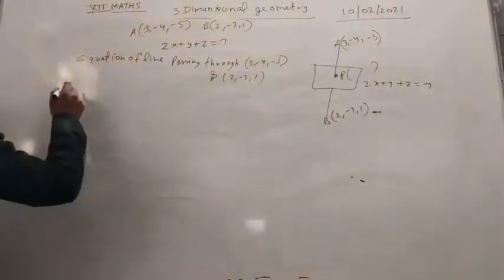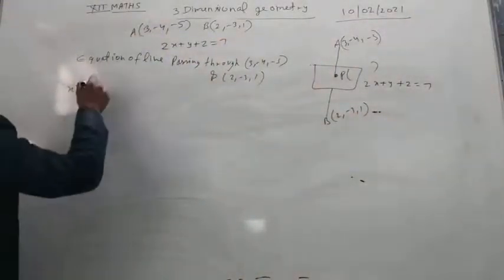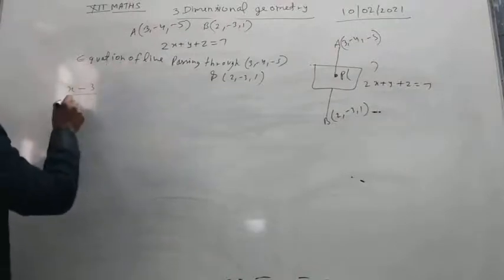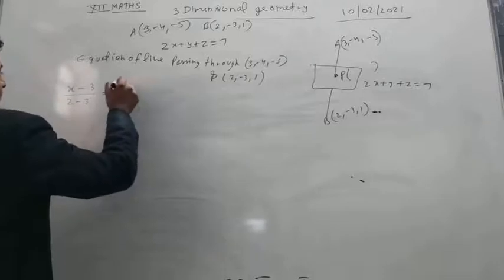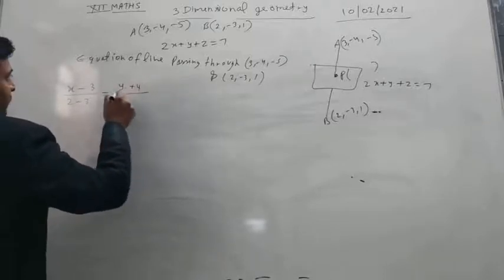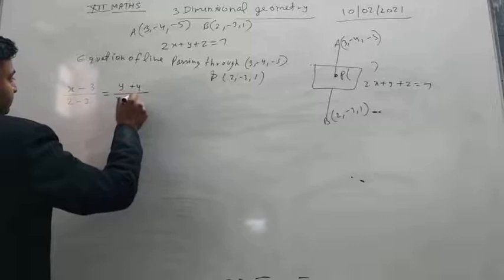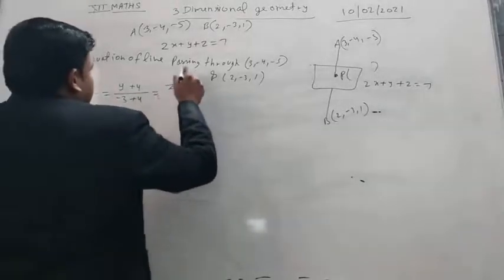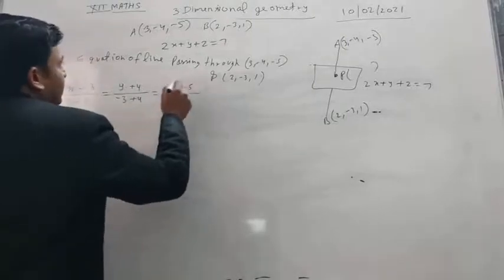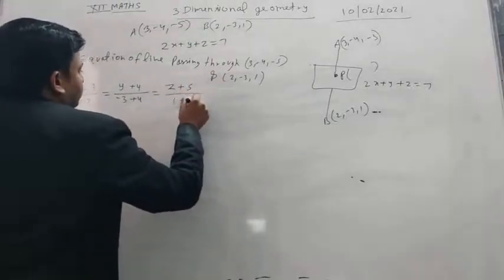So we put here x minus x1, which is 3, by x2 minus x1, y minus y1 by y2 minus y1, and z minus z1 by z2 minus z1.